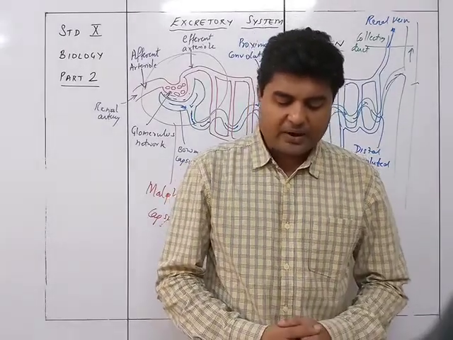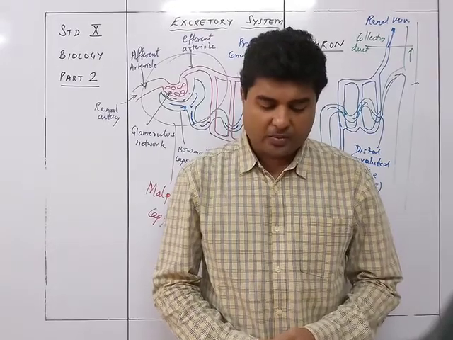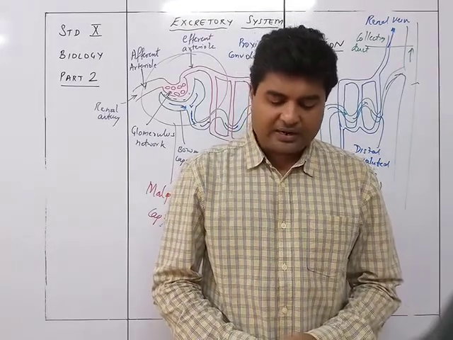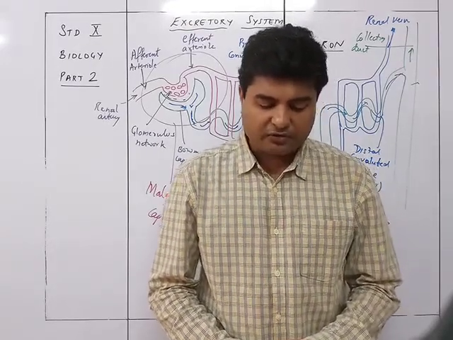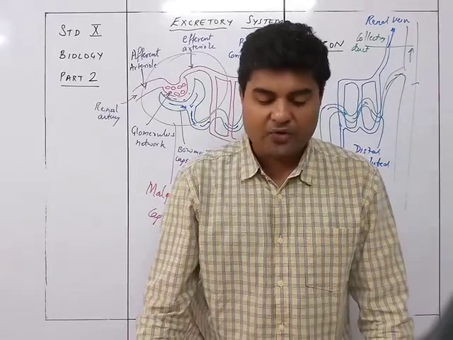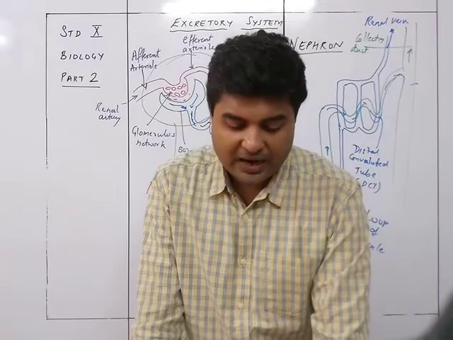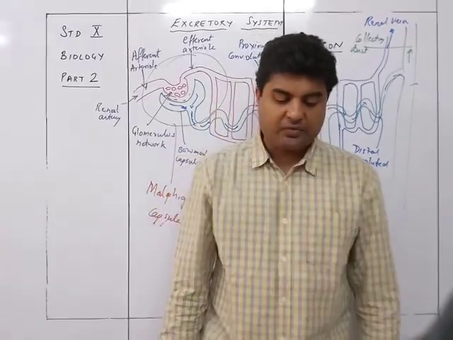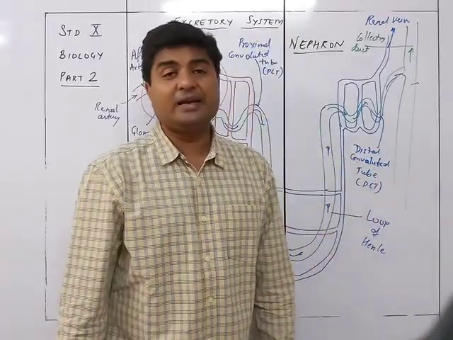The thicker part of the blood left behind in the glomerulus after ultrafiltration, namely the two kinds of corpuscles, proteins, and other large molecules, are carried forward through the efferent arteriole. Thus, the blood proceeding away from the glomerulus is relatively thick.